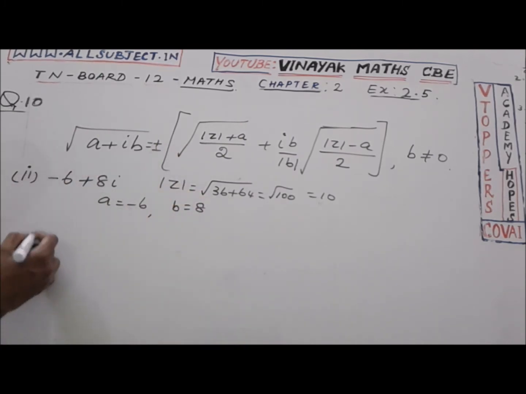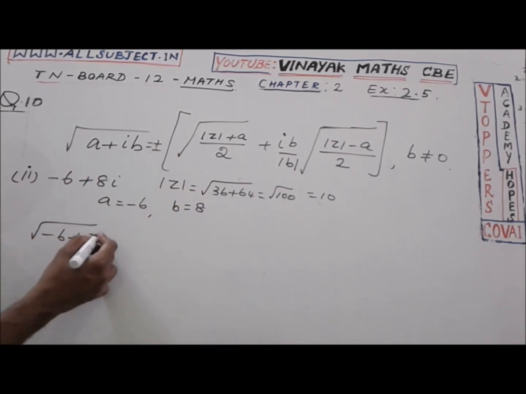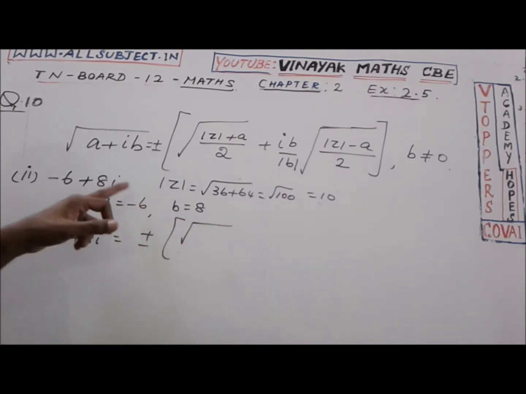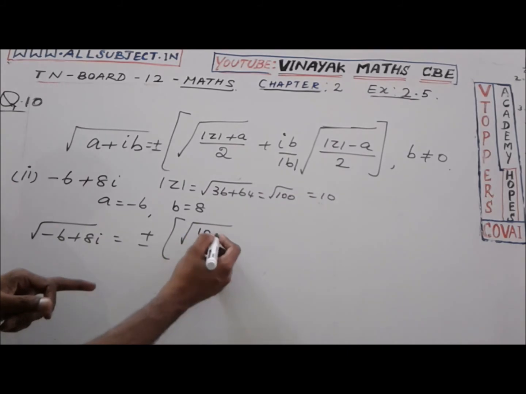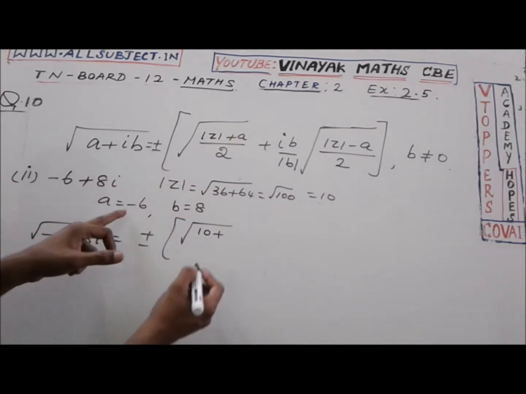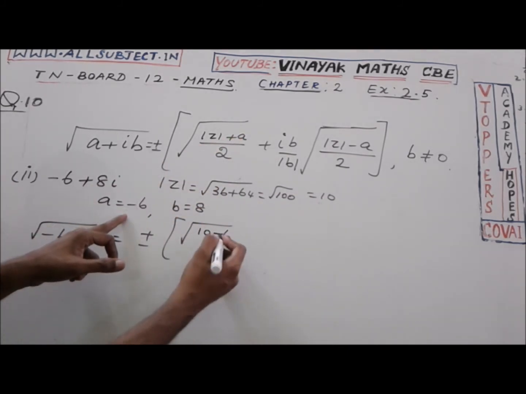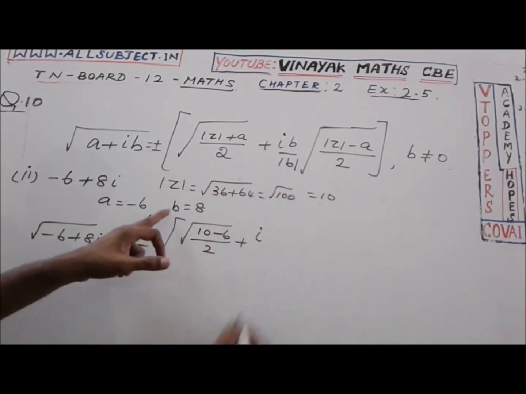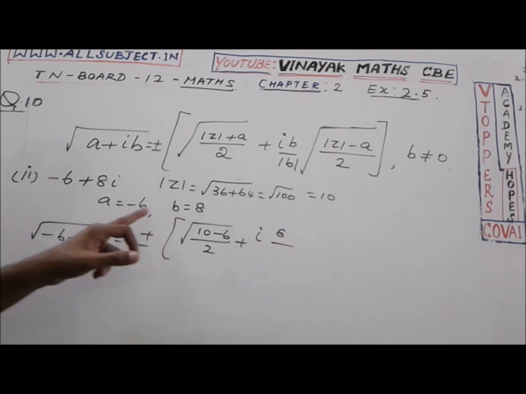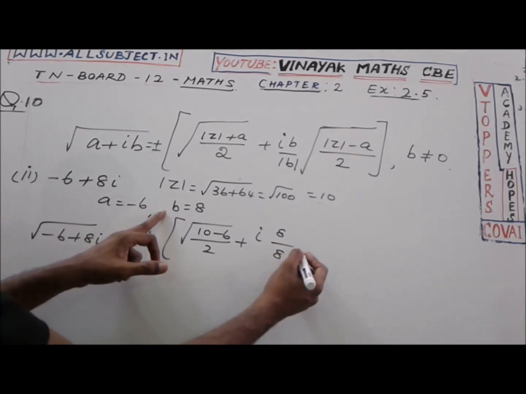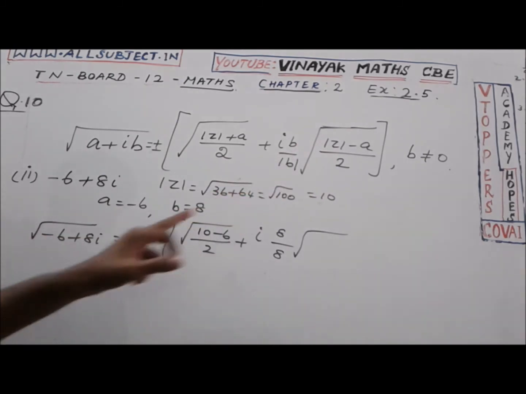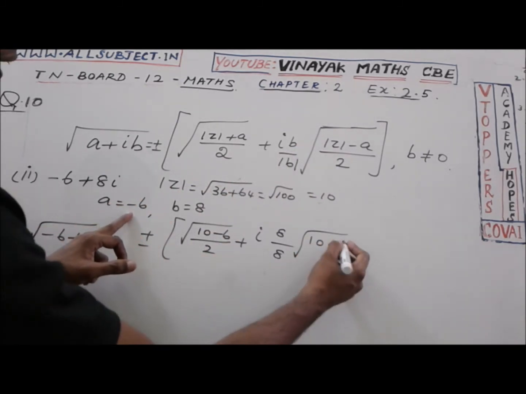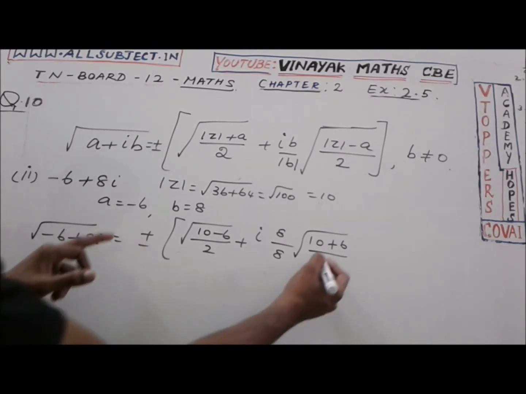Substituting in this formula, root of minus 6 plus 8i equal to plus or minus square root of (modulus z is 10 plus a is minus 6) divided by 2, plus i into b by modulus b, which is 8 by 8, into root of (10 minus a, that is 10 plus 6) divided by 2.